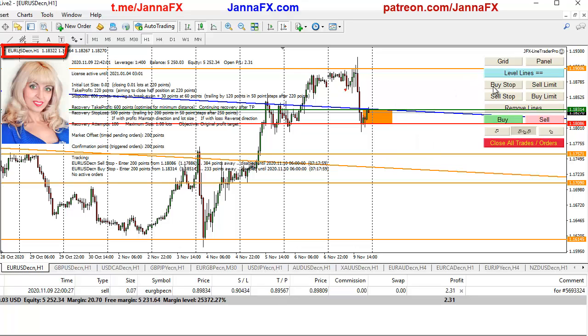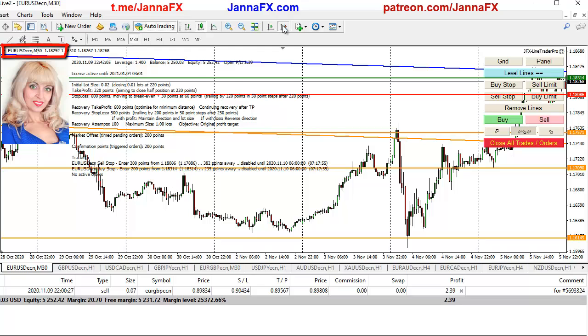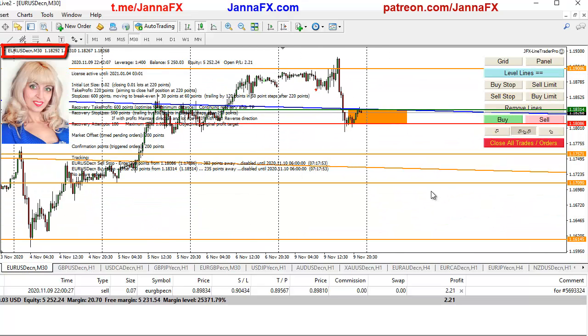You see, I placed buy stop and sell stop, but I'm not going to activate it yet. And if you look on the screen right now, it says disabled until 10th of November, until 6 o'clock in the morning of this broker time, guys. Which is roughly before the European session opens.